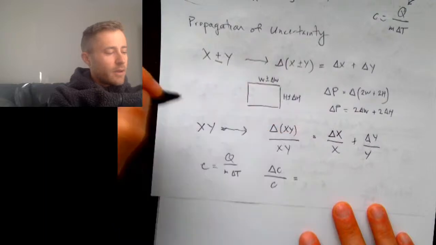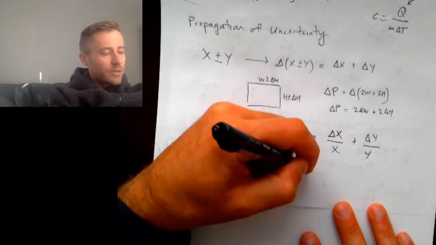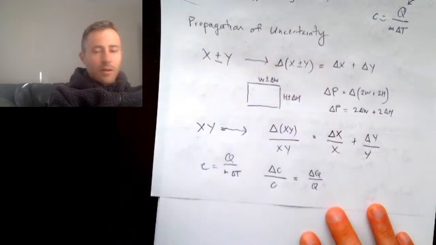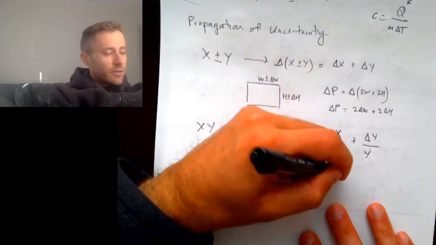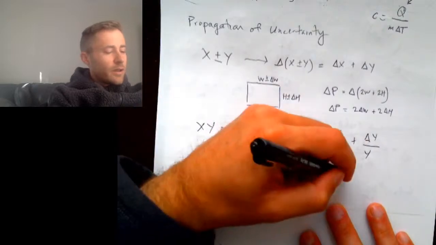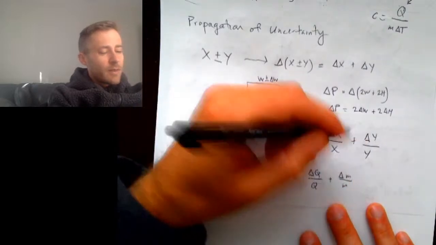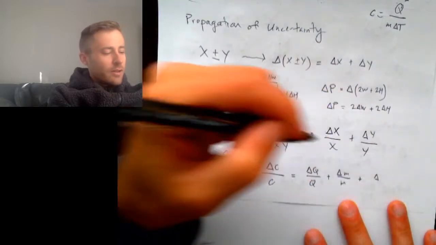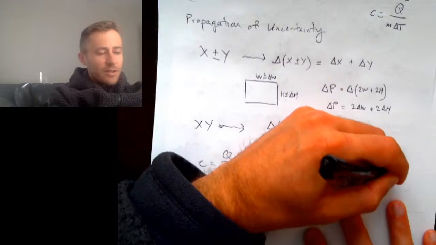That would be the fractional uncertainty in Q plus the fractional uncertainty in M, in mass, plus the fractional uncertainty in delta T. That's a little bit confusing.